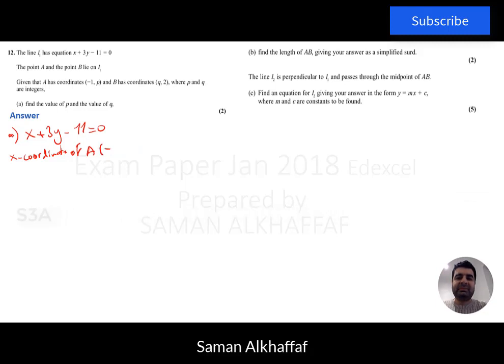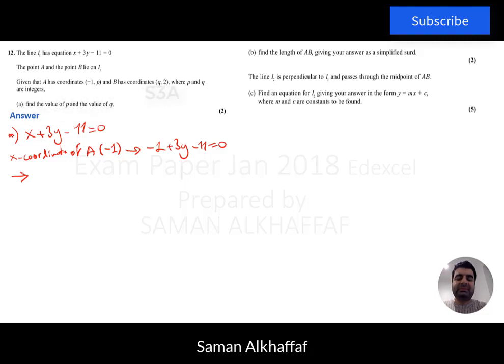In this scenario the x coordinate is -1. So when it's subbed into the equation, that will give us -1 plus 3y minus 11 equal 0.